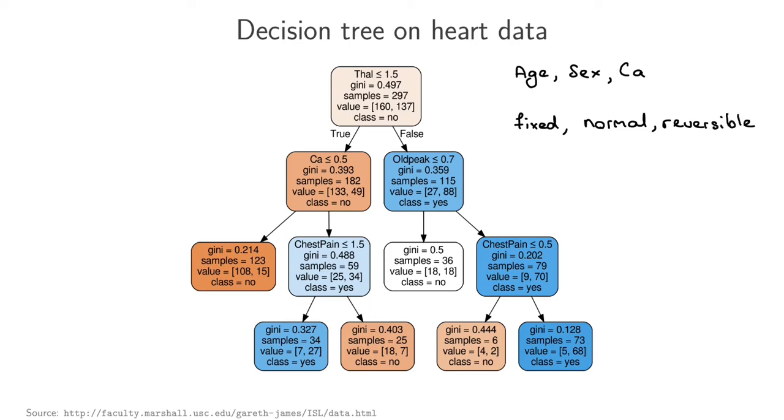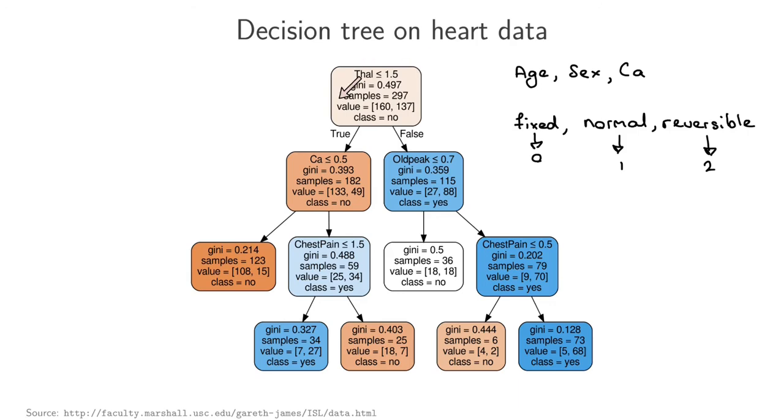So the thallium stress test is a discrete or categorical input variable, and it takes one of these three values. For constructing the decision tree, the code represents fixed with a 0, normal with a 1, and reversible with a 2.